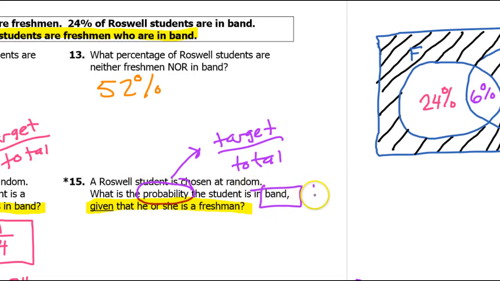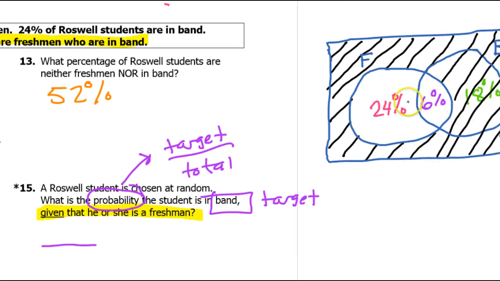So that's the target. Which one of these numbers represents students that are in band? It's the 6. This is a freshman circle, but the reason there's a divider here is because this 6% is the students that are freshmen, but also in band. So my target there is 6%.